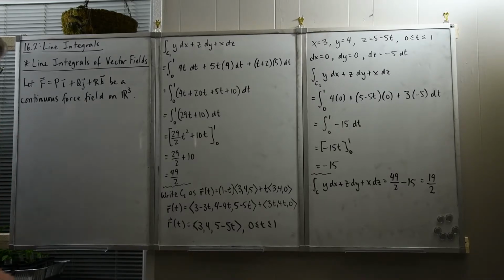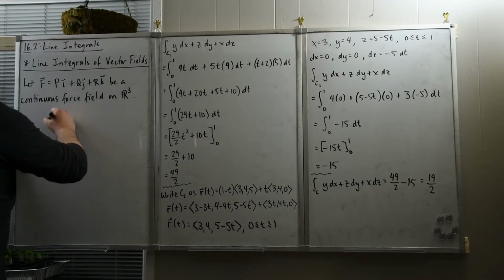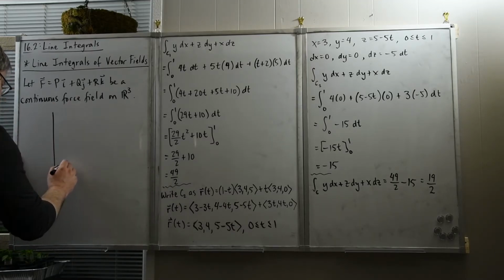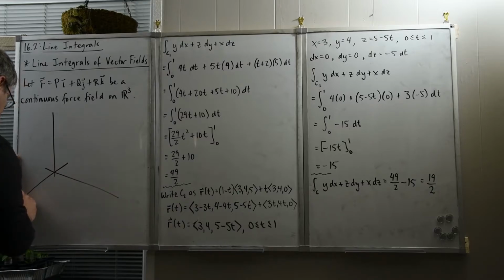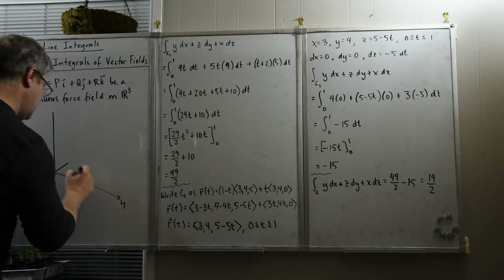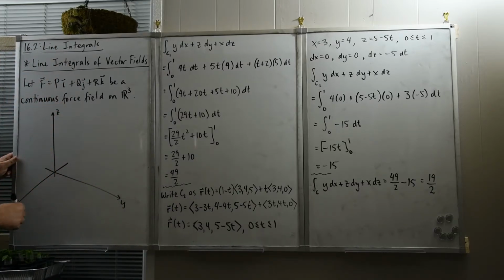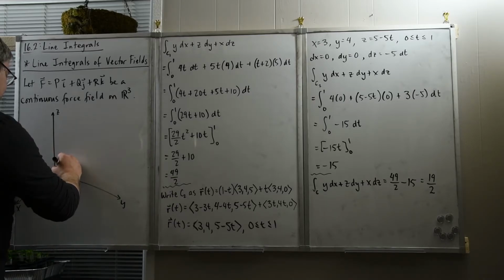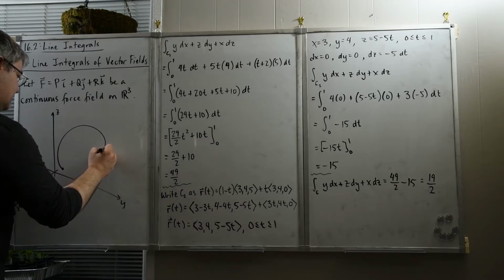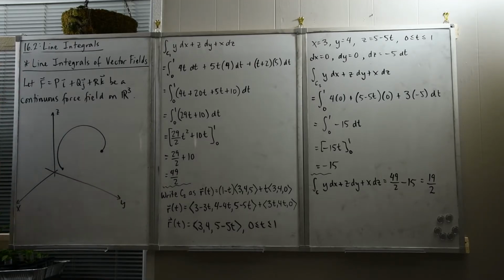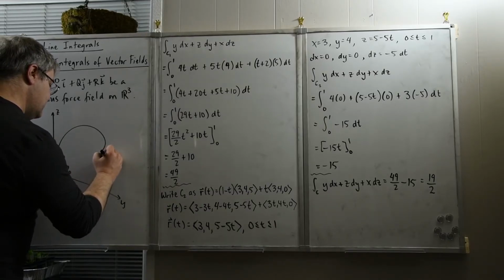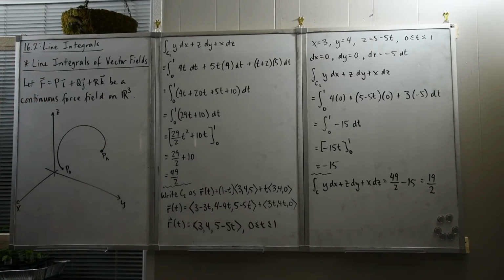And so if you want to take a look at a picture, that's probably not a bad idea. So we got our axes like so. And who knows, maybe this curve is going to look something like this. So we're going to have our p sub 0 here, a p sub n right there.